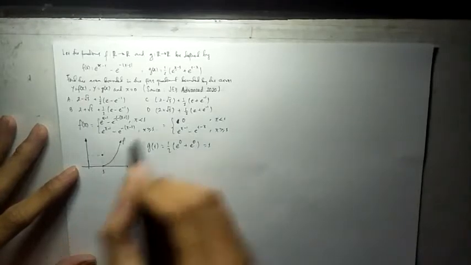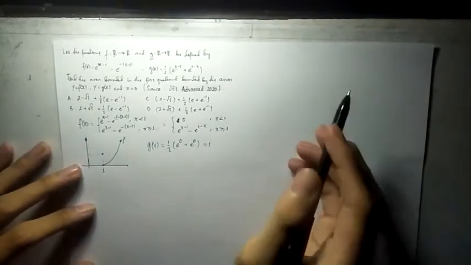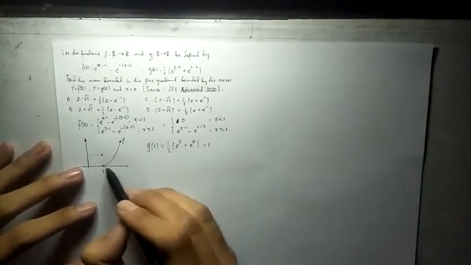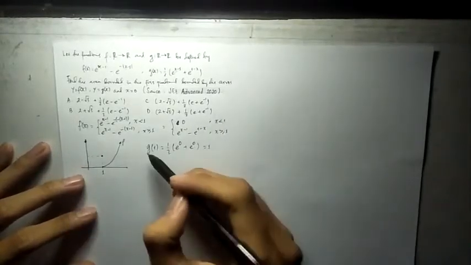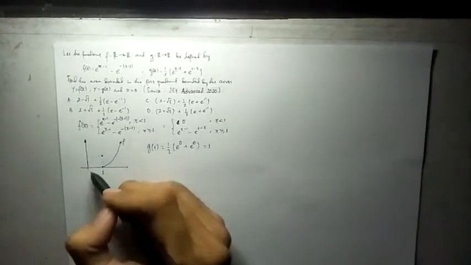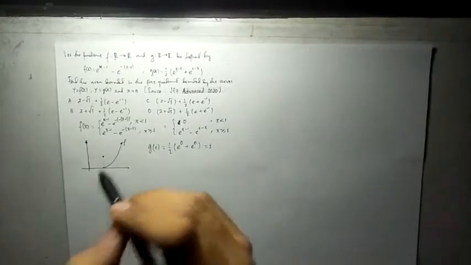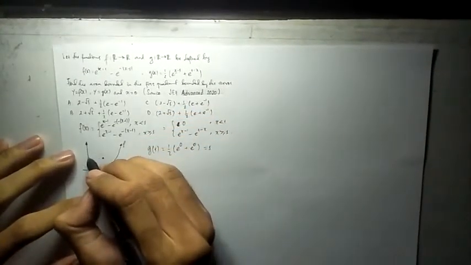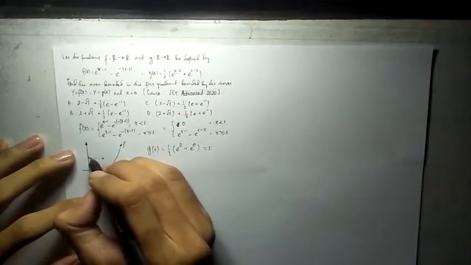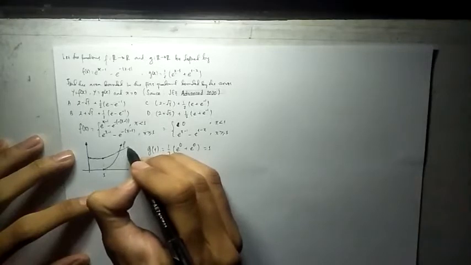Because of this exponential, it's always positive, and f is 0 when x is less than 1. So in fact g will be greater than f in the interval from negative infinity to 1. Let's make it rough. Maybe it's like this.